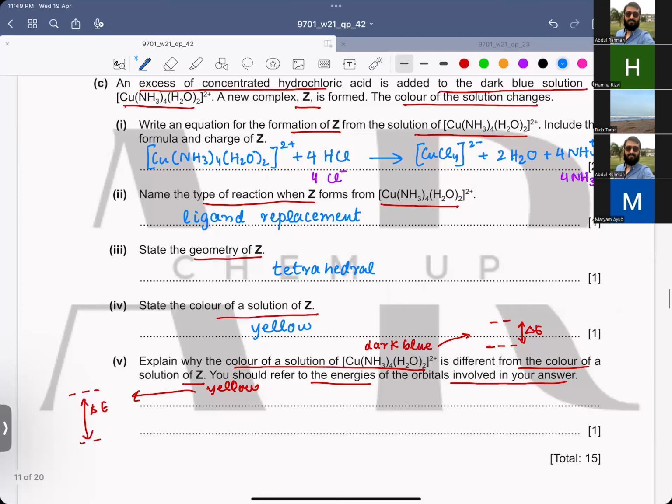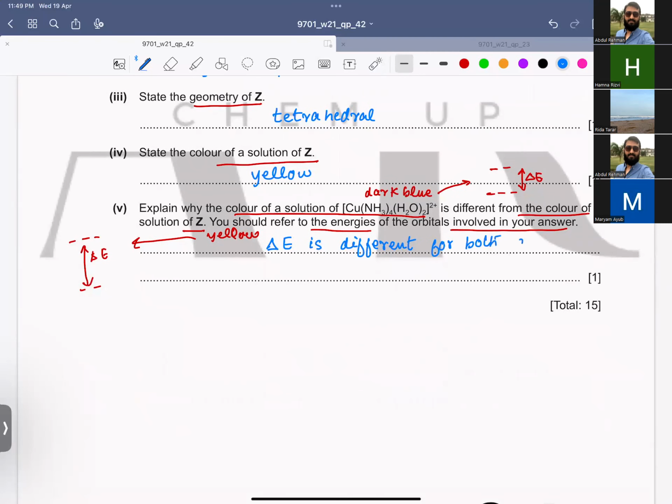So we can just write that this delta E is different for both of the complexes. Is this clear to everyone? Yes, sir.